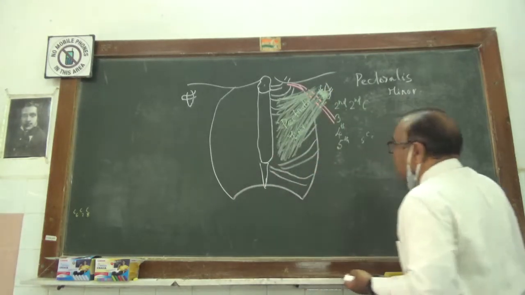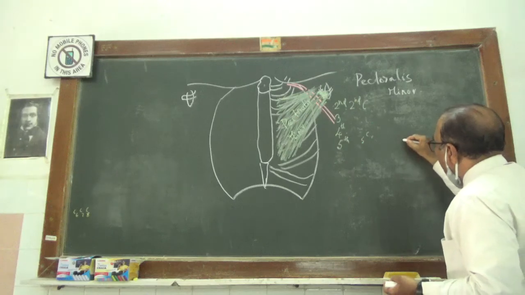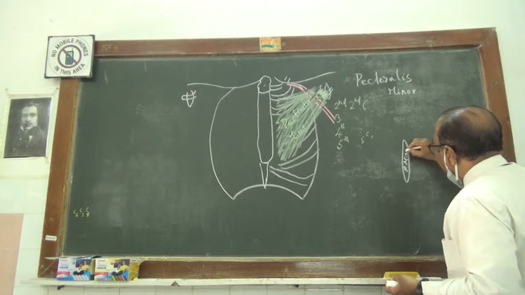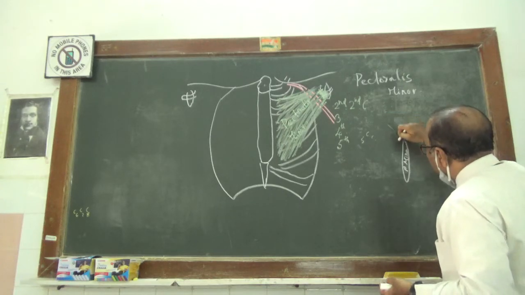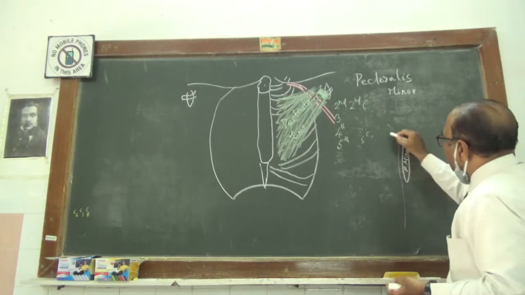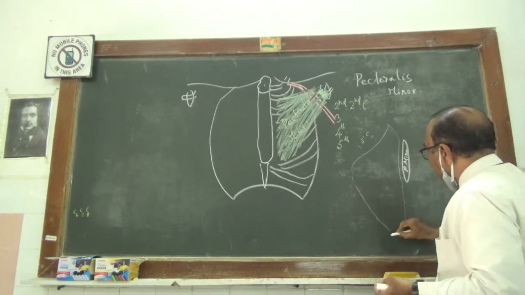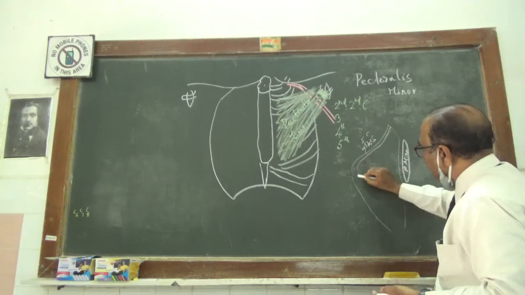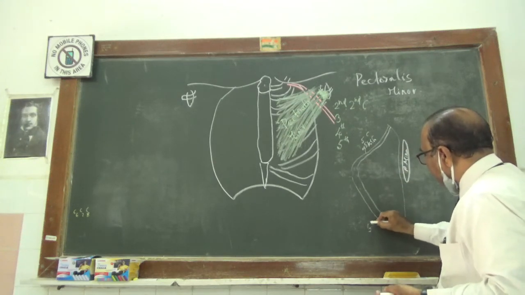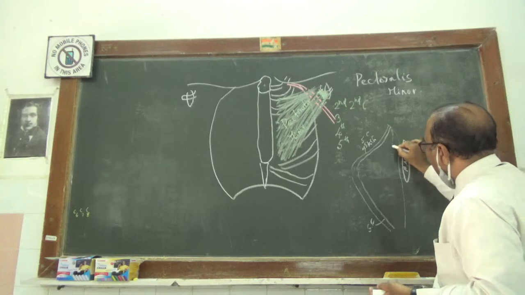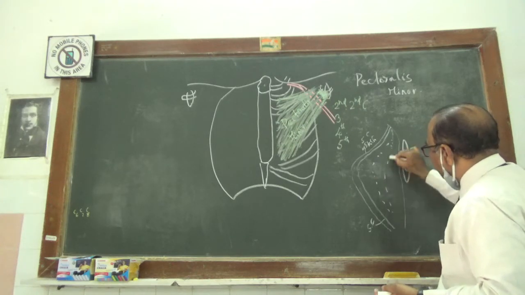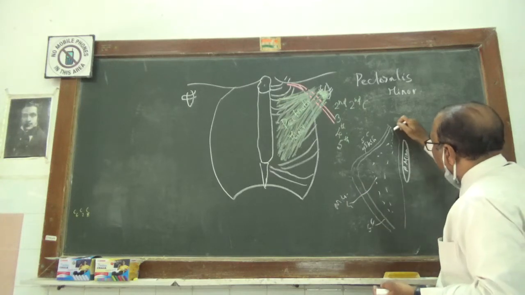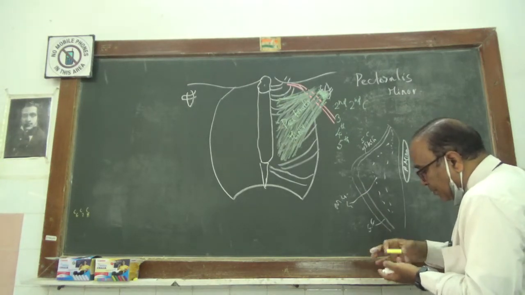Now if you take the relations of the pectoralis minor, in the front it is related to the skin, superficial fasciae, then the mammillary gland or the breast, then the retromammillary space.